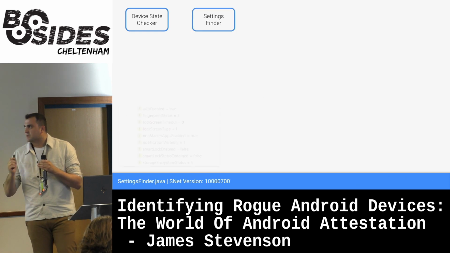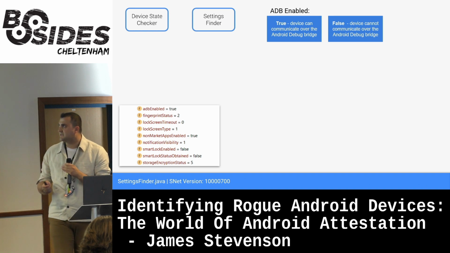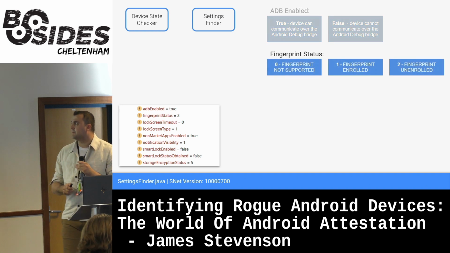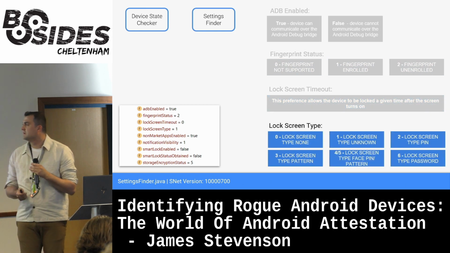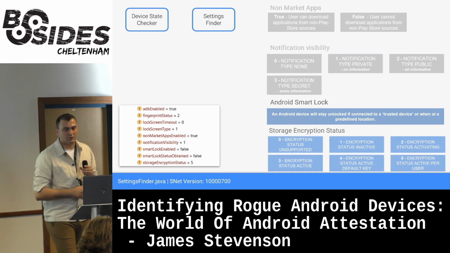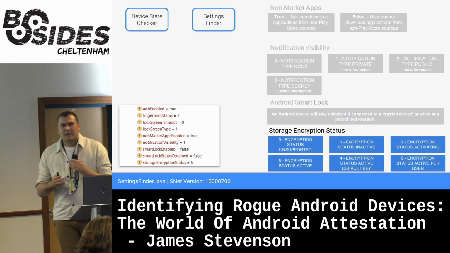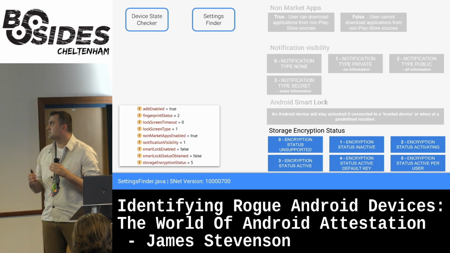So let's jump on to another module, which is a bit more left field. This is the settings finder module, and it grabs things like if ADB is enabled, the fingerprint status, the lock screen timeout, lock screen type, things like if non-market apps are enabled, and things along those lines. And as I said, it's a bit more left field, right? If we were to look at these variables, we wouldn't necessarily say the device is rooted or not.